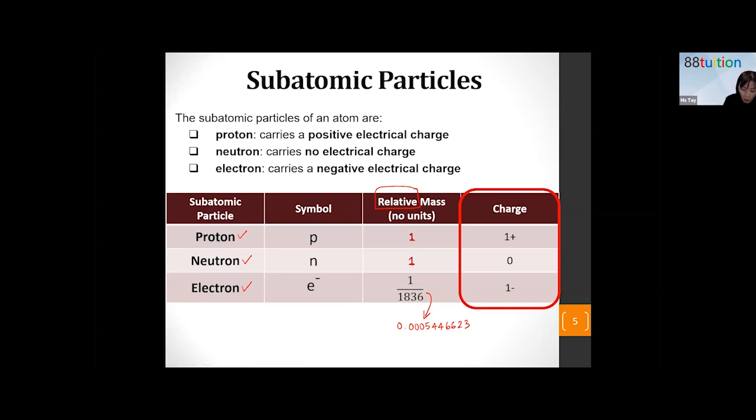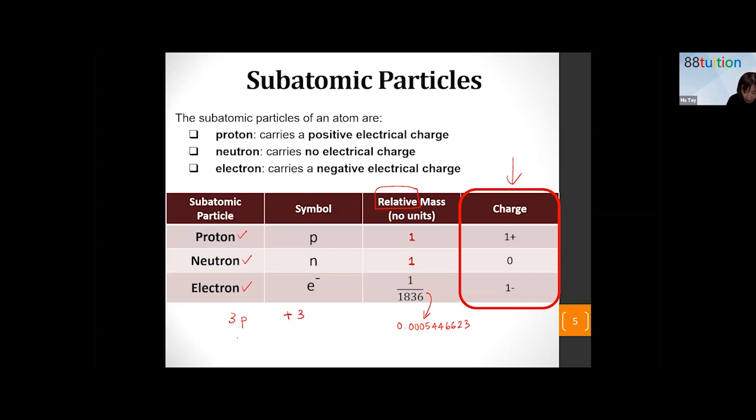Okay, so now I'll talk about charges. You see that I put a bracket, or circled the entire thing. Why did I do this? Because charges are important. Every proton carries a charge of +1. So when we say there are 3 protons, the charges will be +3.